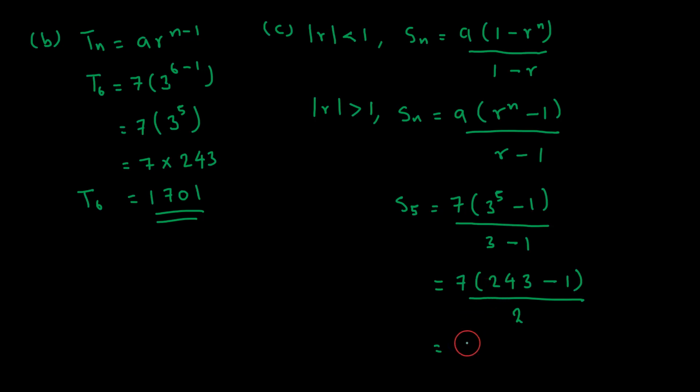Equals 7 times, 243 minus 1 will give us 242 over 2. So when we multiply 7 by 243, it will give us 1694, divided by 2.